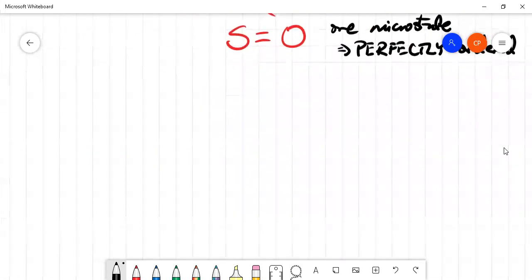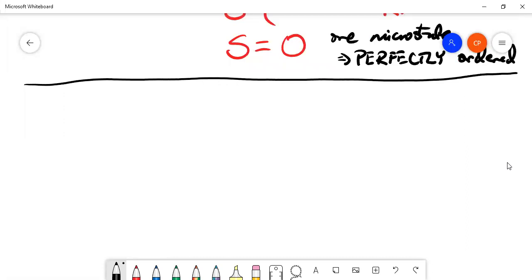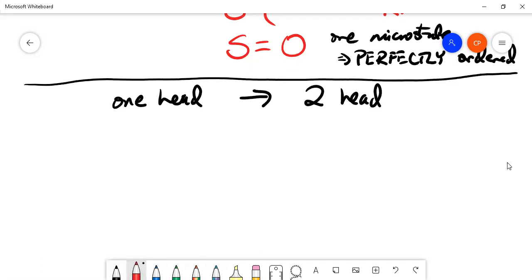Now, I don't just want to describe an absolute entropy, though. I want to describe an entropy change. So let me take 2 other states of this system. Let me describe a transition from the 1-head state to the 2-head state. And let's remind ourselves of the possibilities that we had when we just had the 1 head.